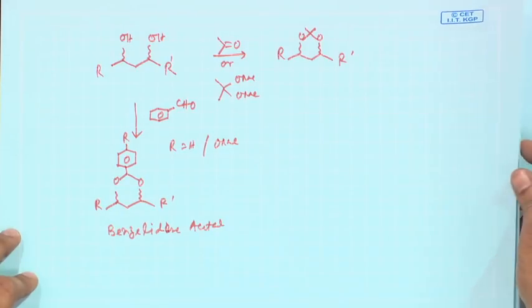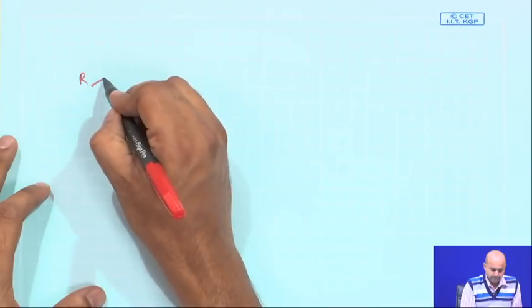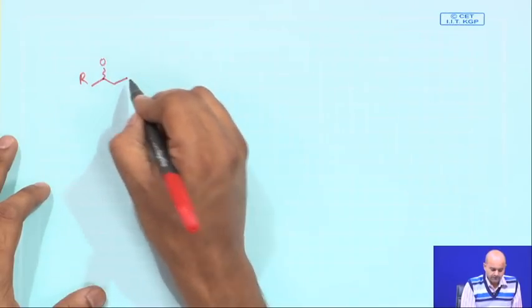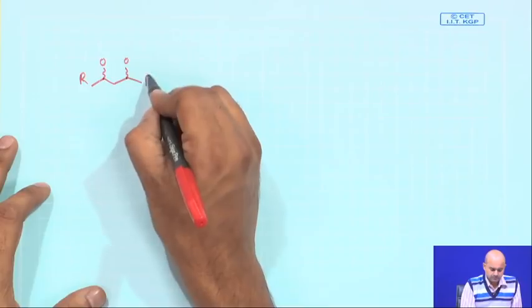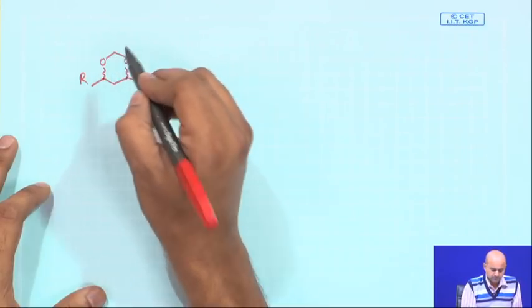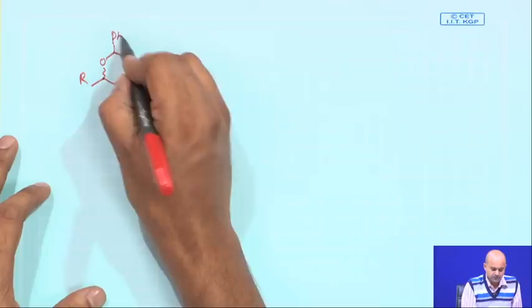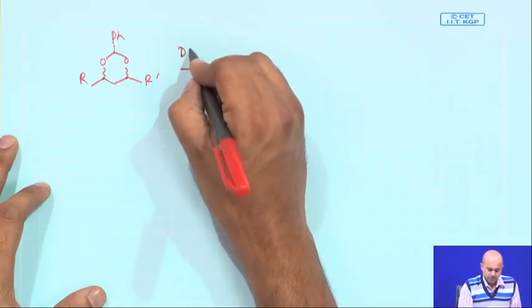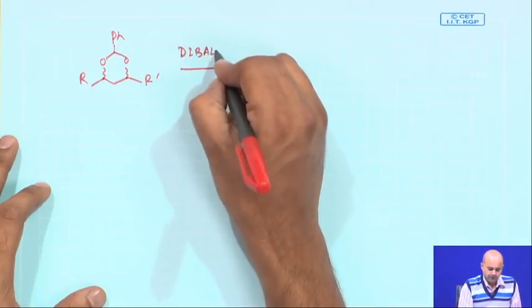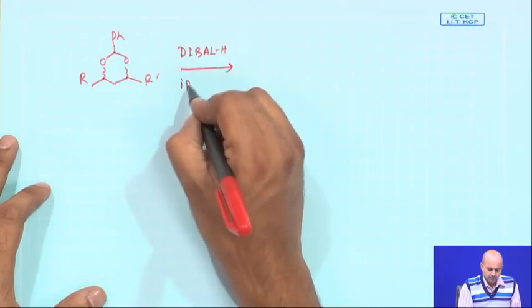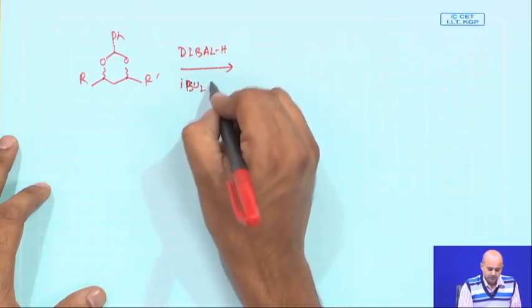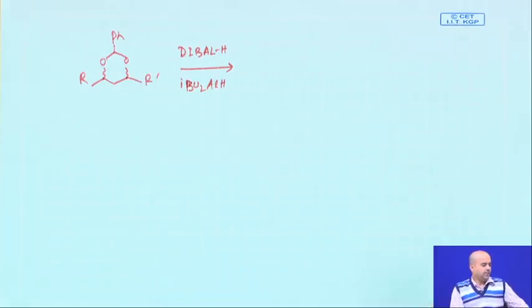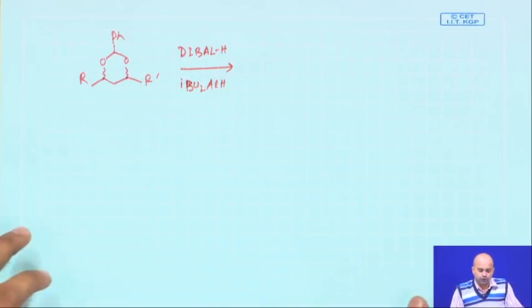So, with these acetals you can do a different kind of protection: you take this acetal, and then subject it to a reagent which we already talked about, DIBAL, diisobutyl aluminum hydride, which is basically a bulky hydride source.